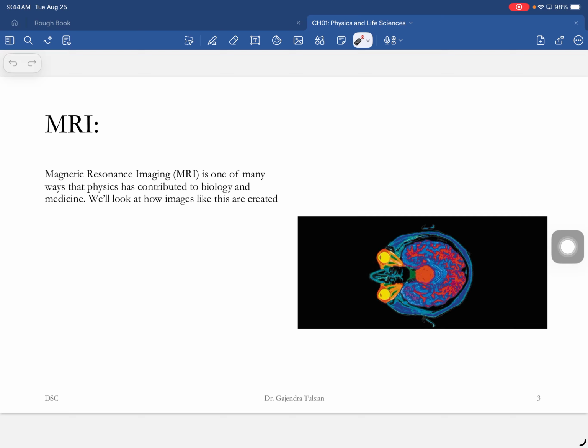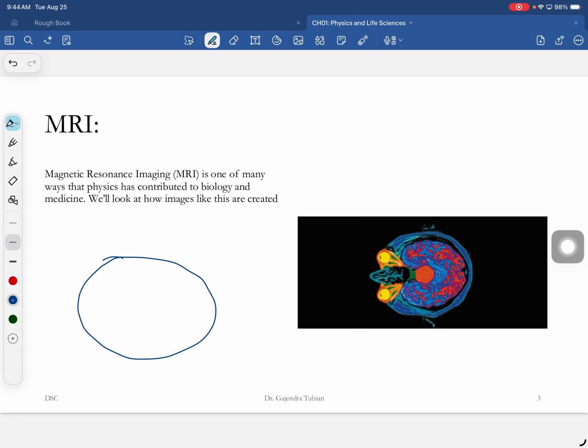Everybody's heard of MRIs, and many of you have had one. Let's say here's my head. An MRI can take a picture of that spot inside my head, and then that spot, that spot, that spot, and then it puts together a three-dimensional image. This is a slice of that image.